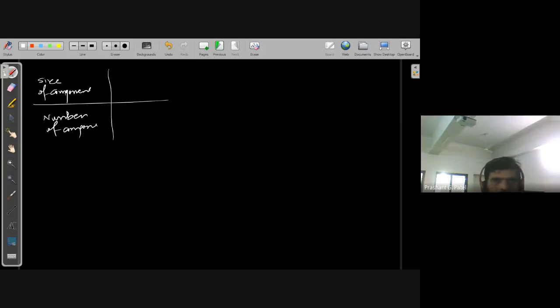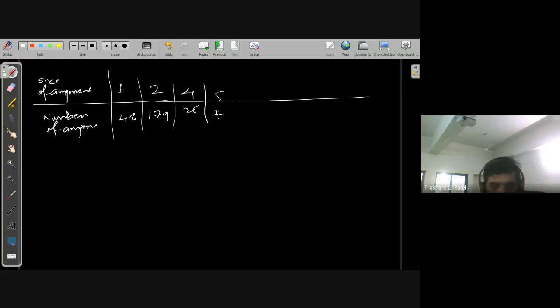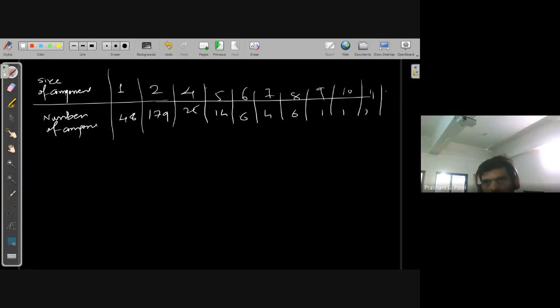For size one, that means isolated vertices, there are 18. So they do not interact with any other proteins. For size two, it is 79. For 4, it is 25. For 5, it is 14. For 6, it is 6. For 7, it is 4. For 8, it is 6. For 9, it is 1, 10 it is 1, 11 it is 1, and 12 it is 0.